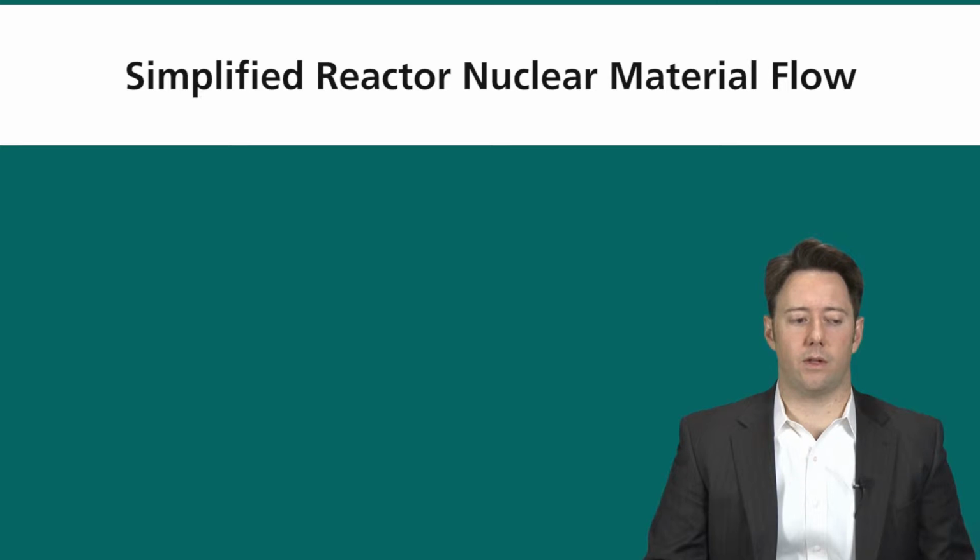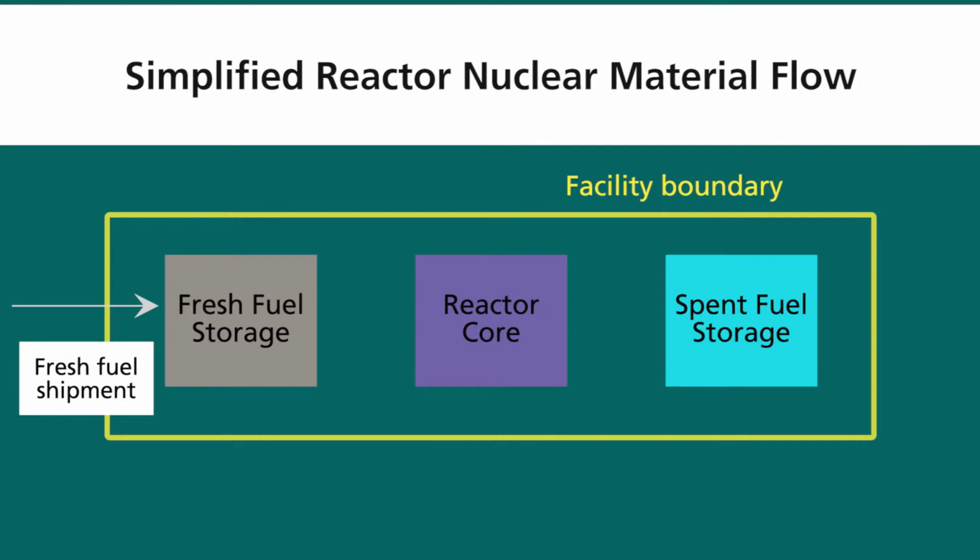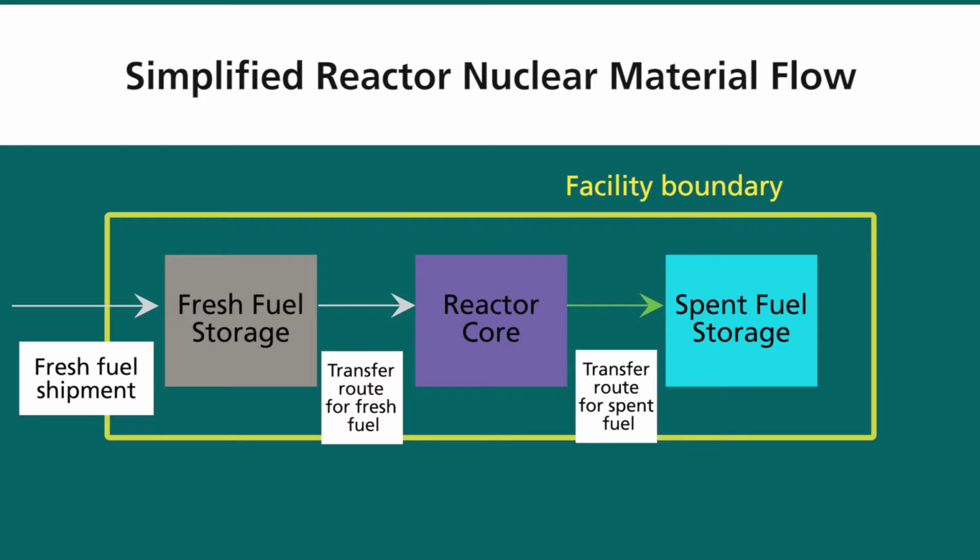So first, let's take a look at a simplified nuclear reactor nuclear material flow. It begins with fresh fuel shipment into the facility, and there it goes directly into fresh fuel storage. And then there's a transfer route to the reactor, which is followed by a transfer route to spent fuel storage, and then the spent fuel can be shipped off of the reactor site.